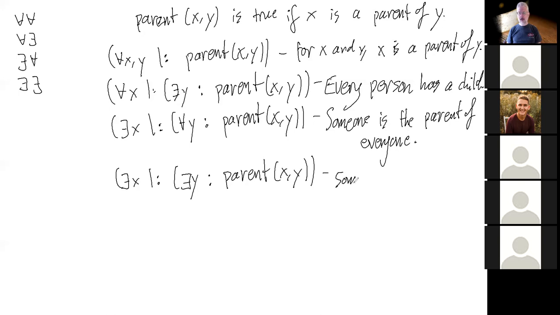Someone is somebody's parent. So there are two people, X and Y, such that X is the parent of Y. So there is a pair of people that have the parent-child relationship. Okay. Questions about these four? There's actually two more I want to do here, but questions about these four?